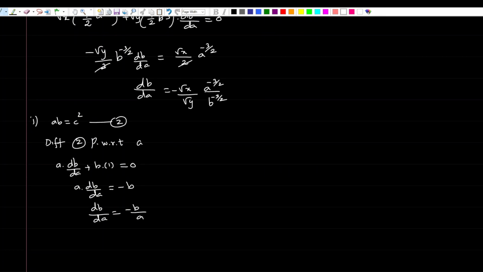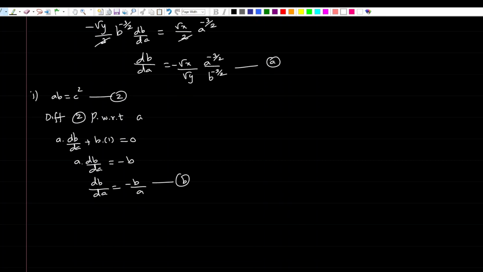Now, if we compare these two equations, let me consider this as equation A and equation B. In A and B, the left hand side db by da is there. Therefore, automatically both the right hand sides are equal. Therefore, minus b by a equal to minus root x by root y, a power minus 3 by 2 divided by b power minus 3 by 2.